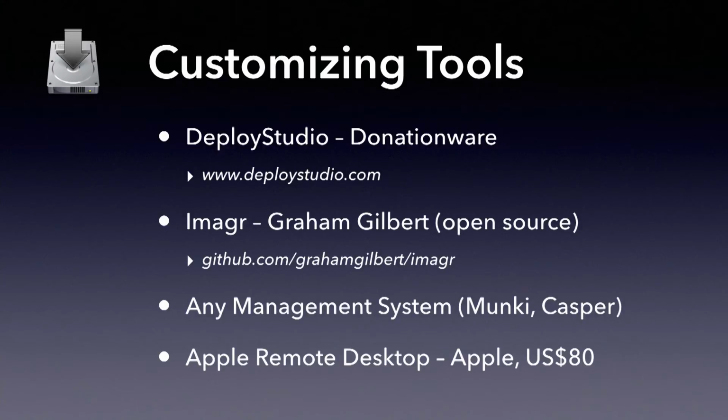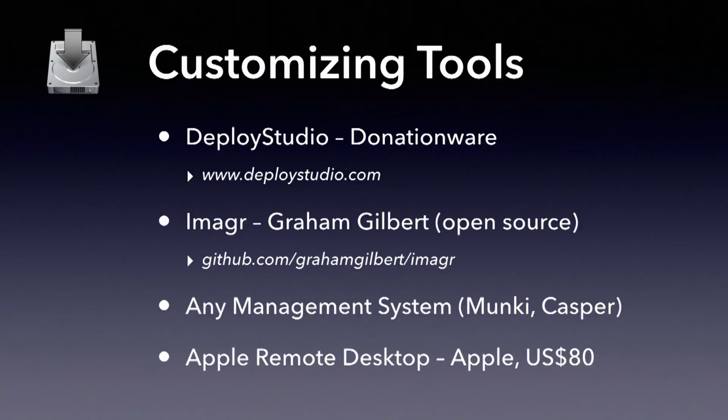Well, DeployStudio does all sorts of things with packages. I mean, my current workflow has probably 20, 25 packages in it for deployment. So it's very flexible in this way. It can do a lot of things.